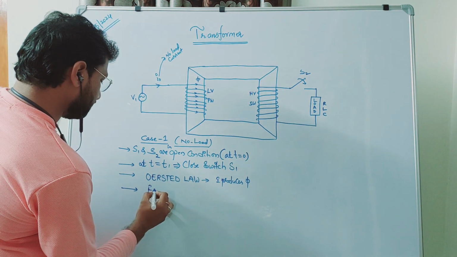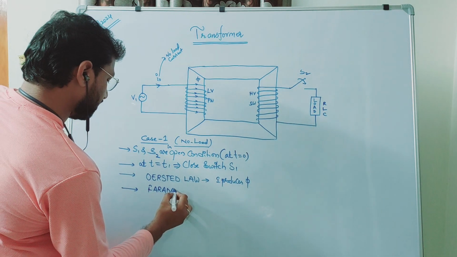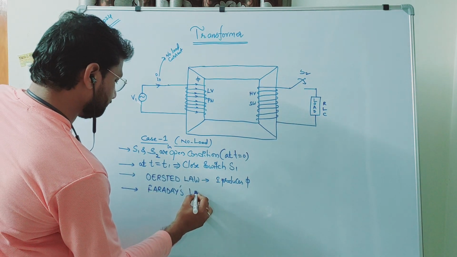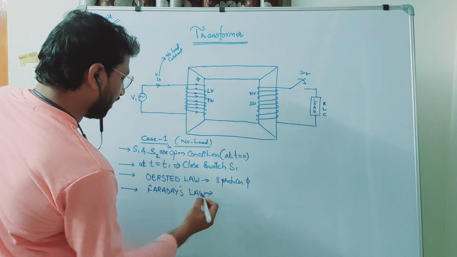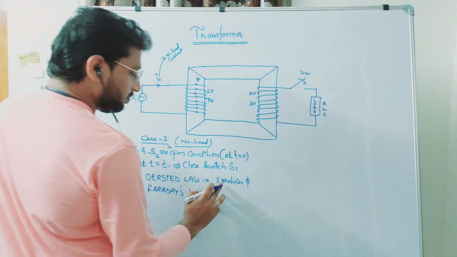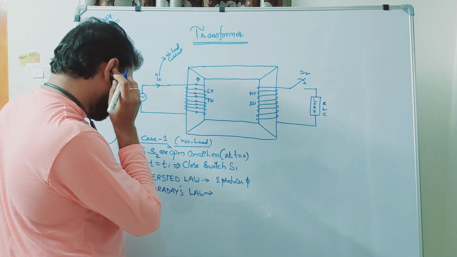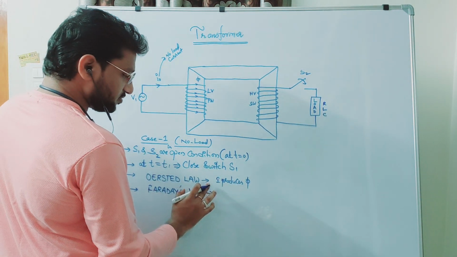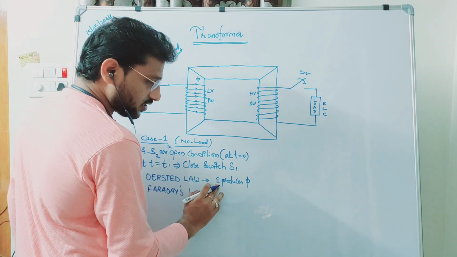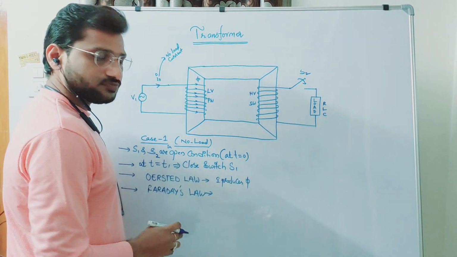Then the second law that works is Faraday's law. What is Faraday's law saying? It is quite the opposite of this one. Oersted said that the current flowing through the conductor produces a flux.